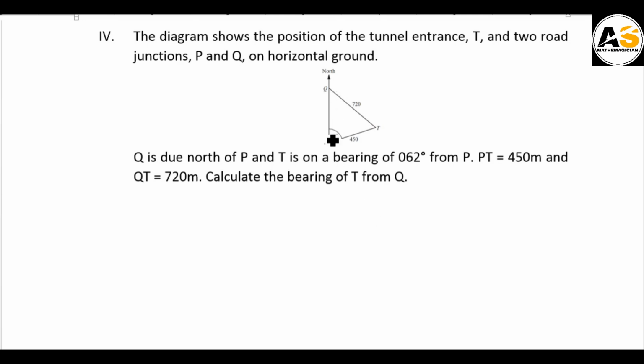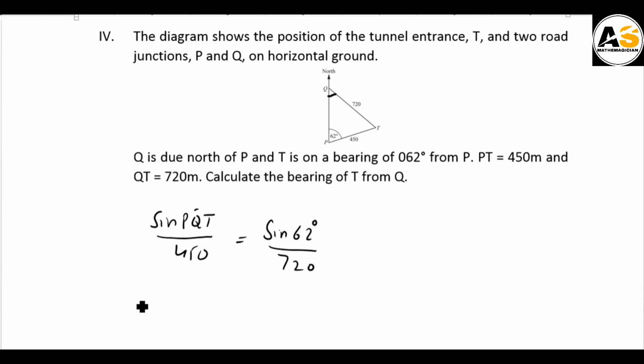Consider this triangle and we will use sine law to find this angle. I can write sine PQT over 450 is equal to sine 62 degree over 720.